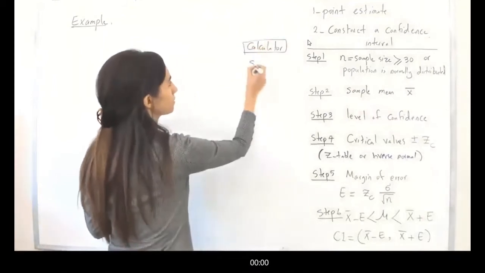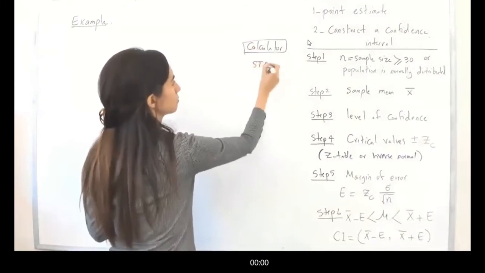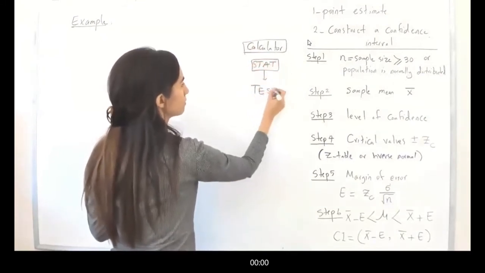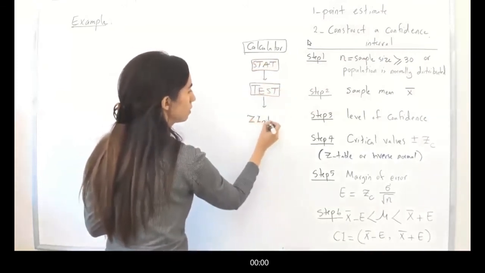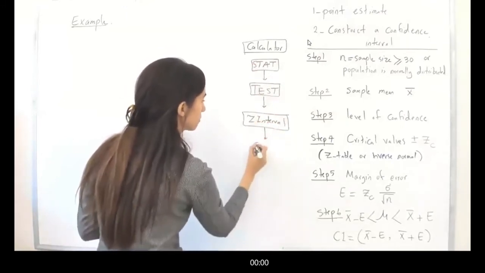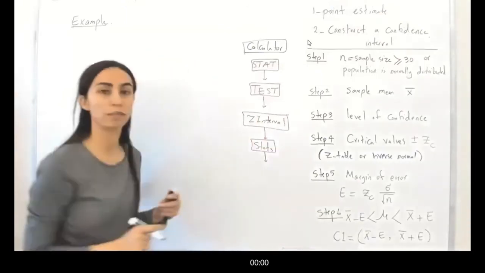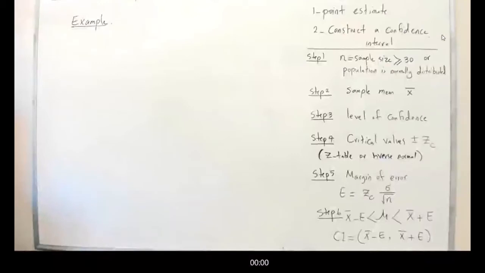You go to stat, and you go to test. You find the Z interval. Go to stats. Enter the information that you have. There you go. So let's write down the instruction how to use the calculator.